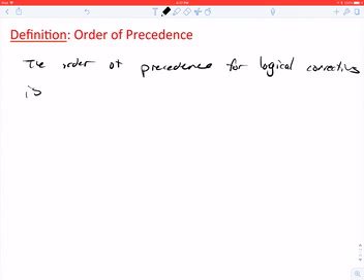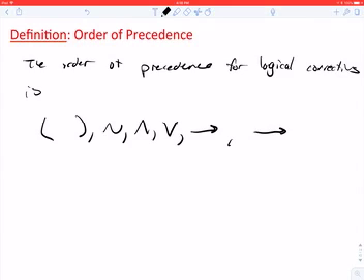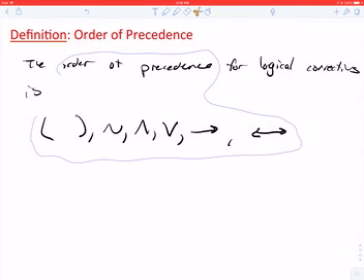I'm going to add something. This isn't necessarily a logical connective, but typically we do parentheses first, and then not, and then and, then or, and then the implication, and then the biconditional. Okay.